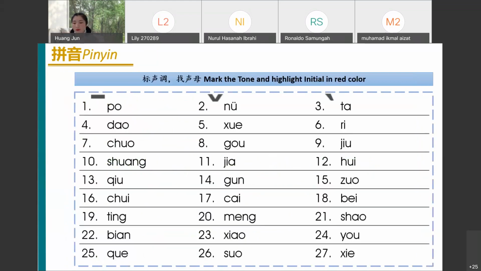I already put the photo in our group, how to mark the tone. So finish marking, finish your exercise, highlight the initial in red color. Don't forget, you have 2 things to do. Mark tone, step 1, highlight initial, step 2.